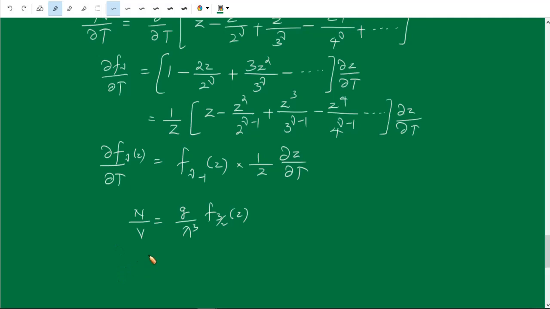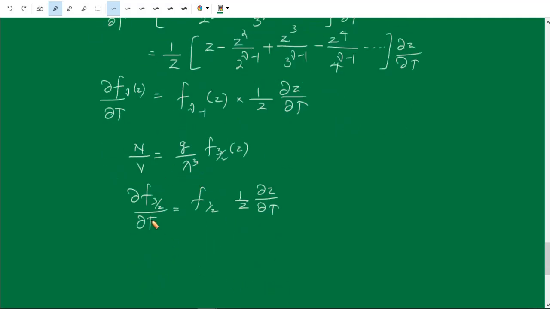Using this expression we have dou f3/2 by dou T is equal to f1/2 into 1 by z dou z by dou T. Also, using this we just differentiate this thing with respect to T. So we can write this thing from the equation number 2, dou f3/2 by dou T.